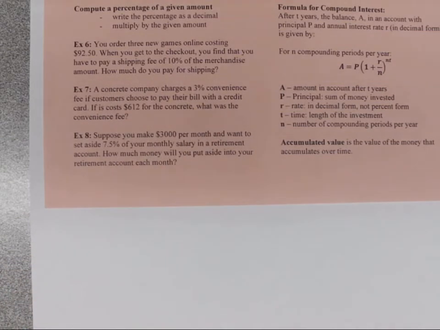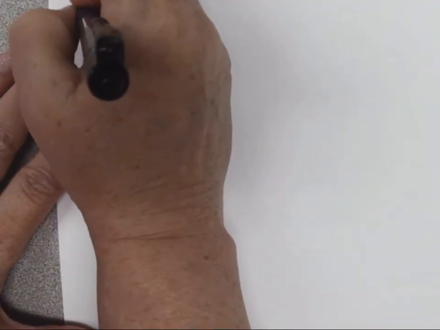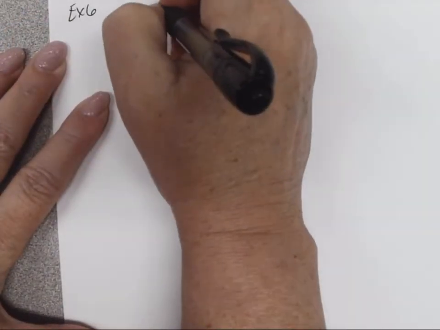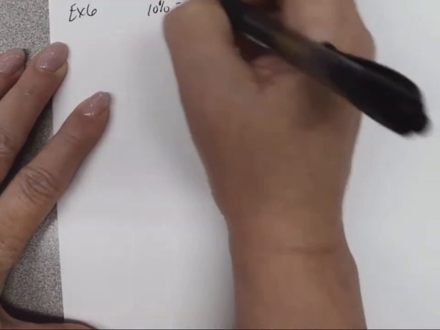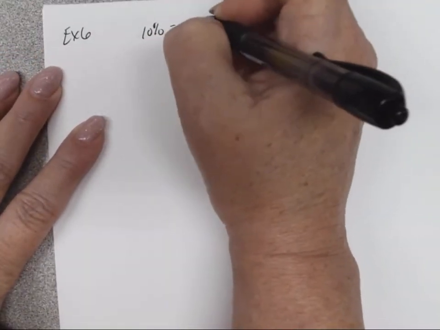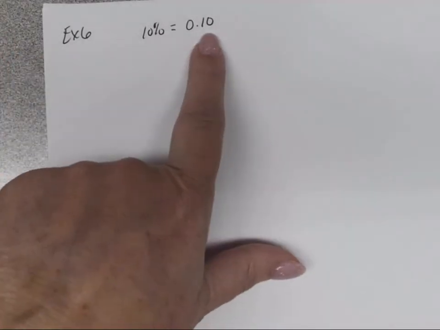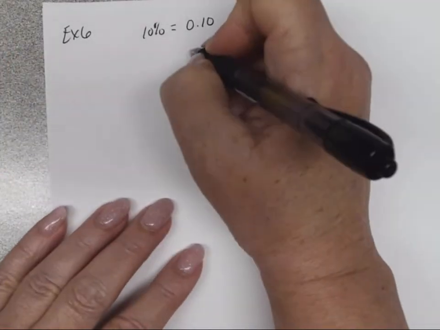So this is where being able to find these percentages is a good thing. So the first thing that we know, this will be example 6, is we have a 10%. Well, the 10% has to become a decimal. So we move it over 2 places, we'll have 0.10, which we can just write as 0.1.